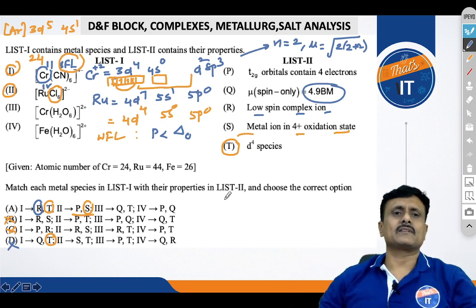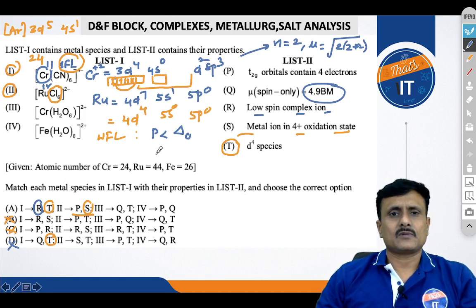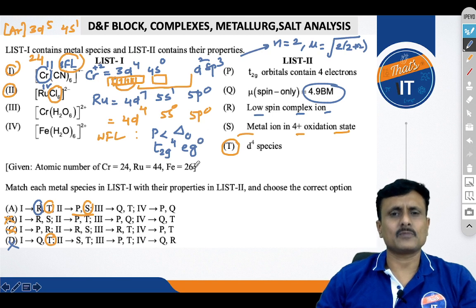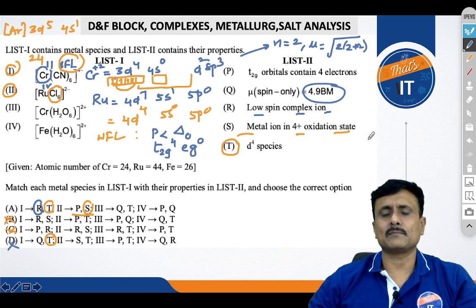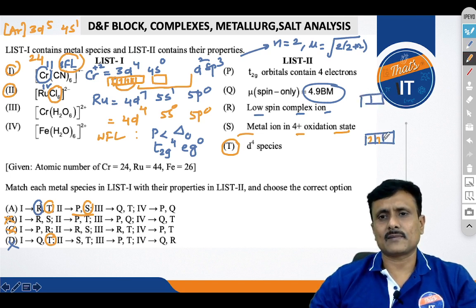So what will happen here? The electronic configuration tends to be t2g4, and total electrons are this thing, right? eg0. So you may be wondering, sir, how come the pairing is taking place? You can see that 4 electrons, right? You would have kept 3 and 1 here because this delta naught is less.